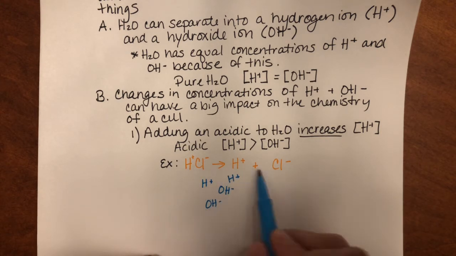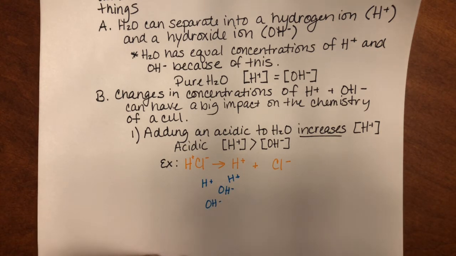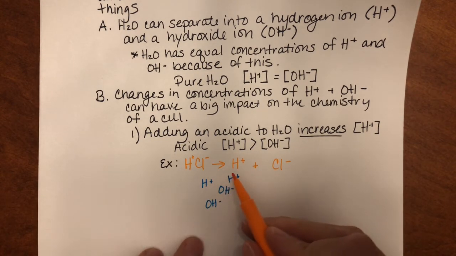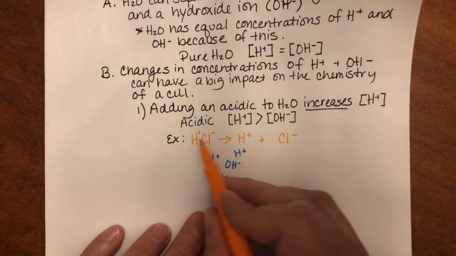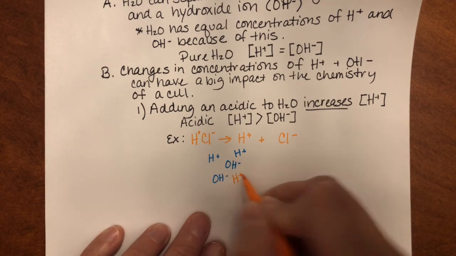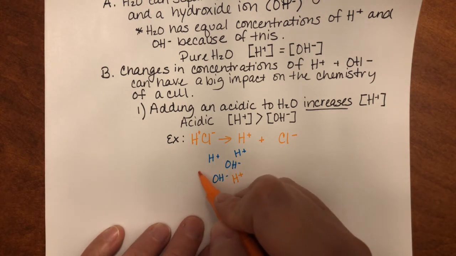If I add this acid, hydrochloric acid, it will dissociate into the H plus and Cl minus. Let's draw that in orange. So you add the HCl into the water, and then HCl is going to be H plus and Cl minus.